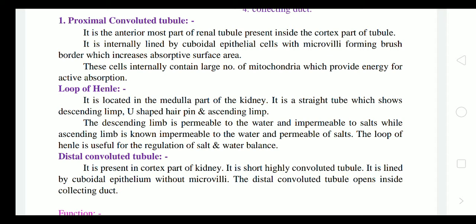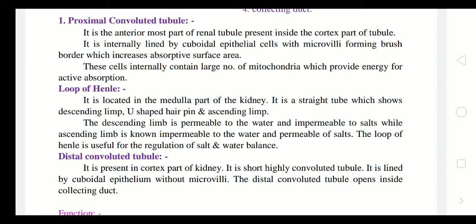The descending limb is permeable to water and impermeable to salts, while the ascending limb is impermeable to water and permeable to salts. So the loop of Henle is useful for the regulation of salt and water balance.